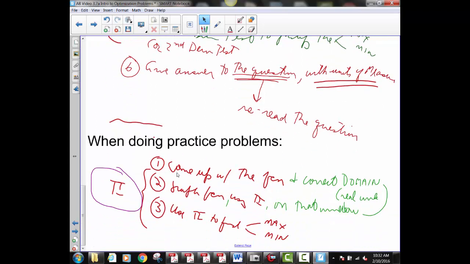When you're doing practice problems at home, because these take so long, I would suggest that obviously you have to come up with the function in two variables and the correct domain. Make sure you check out the real-world domain. At that point, you could do one of two things.